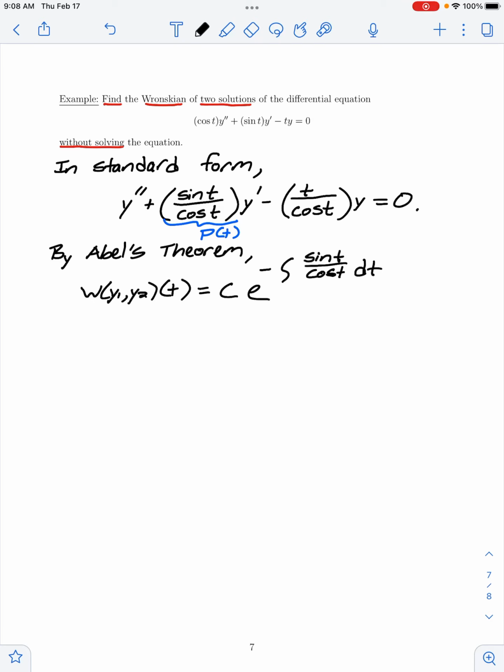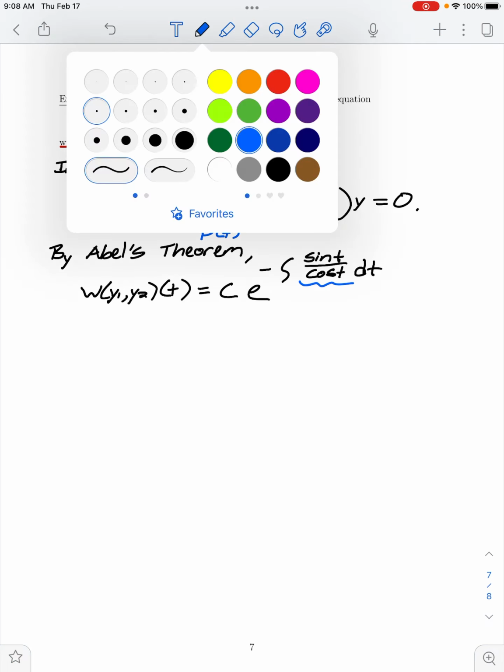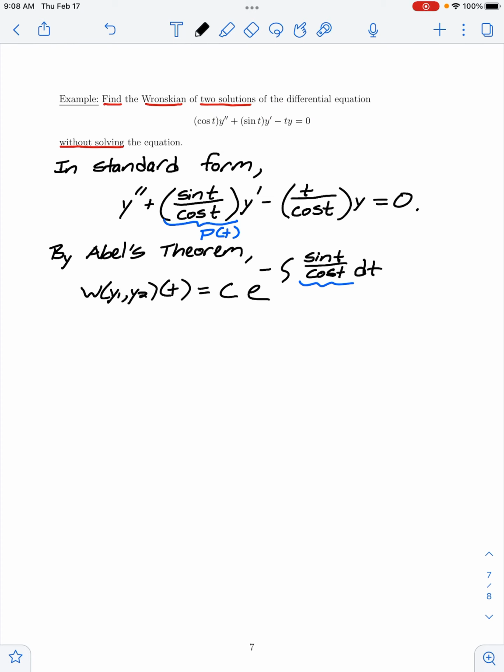And now we need to find our antiderivative of this function. To find an antiderivative of sine t over cosine t, which is the same as tangent t, we can make use of a substitution. If we choose u as our denominator, cosine t, then du would be negative sine of t dt.